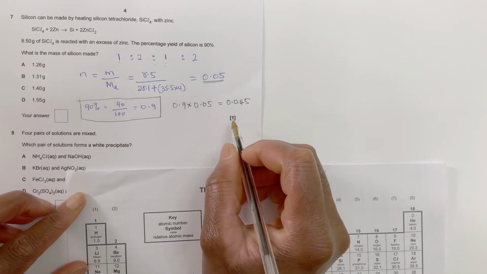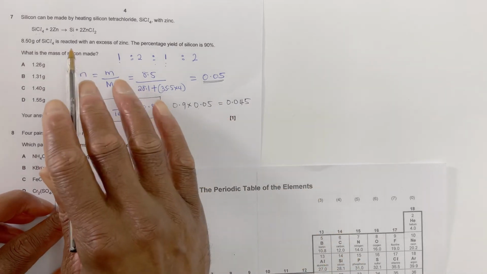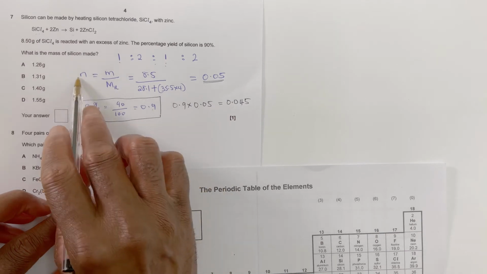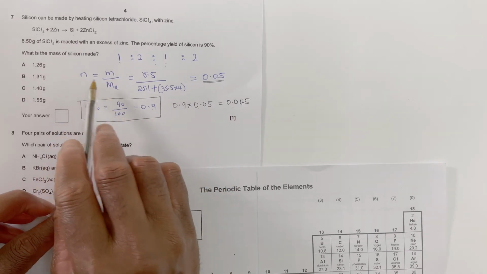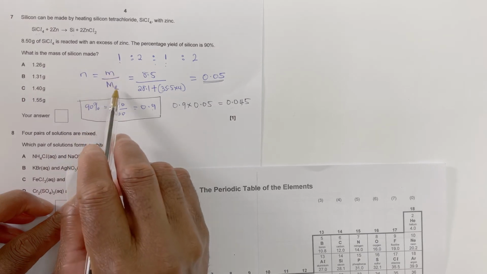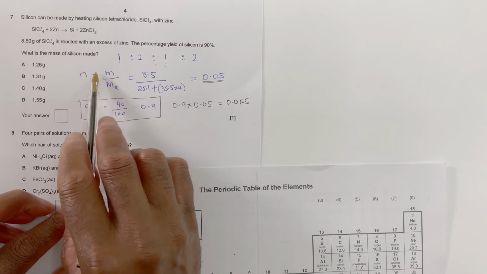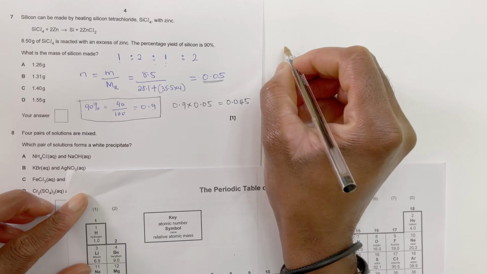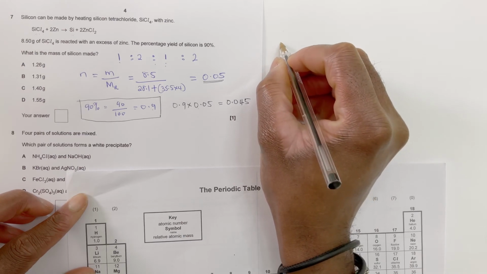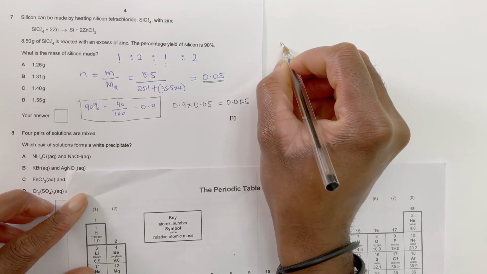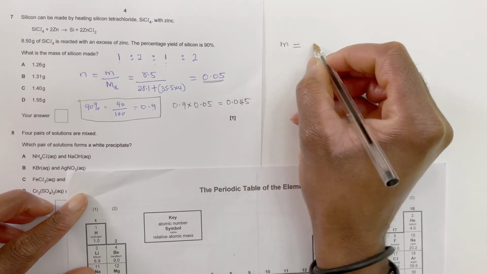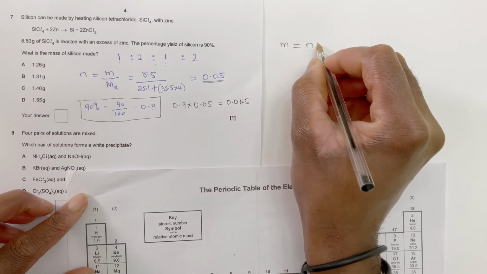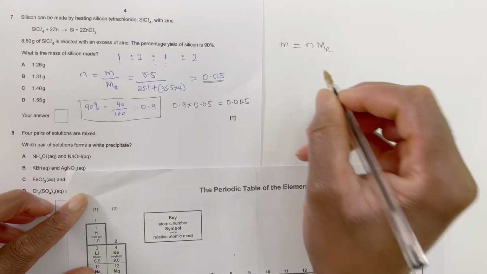Now you want to calculate the mass of silicon yield. We know the formula here. We know the moles of silicon and we want to calculate the mass. We know the relative molecular mass of silicon, so the mass of silicon yield will be equal to the moles times the relative molecular mass.